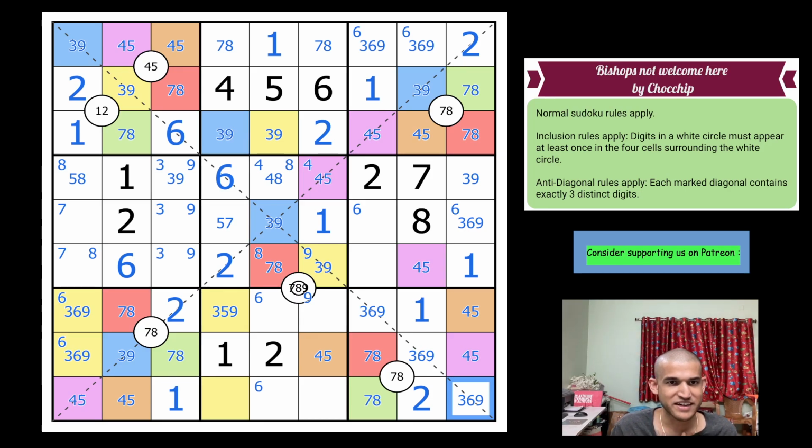It's getting a little narrow. If this is a 7, then this is forced as an 8, and 8 must be in one of these two cells, which is fine. This thing here is what we are unable to break into.